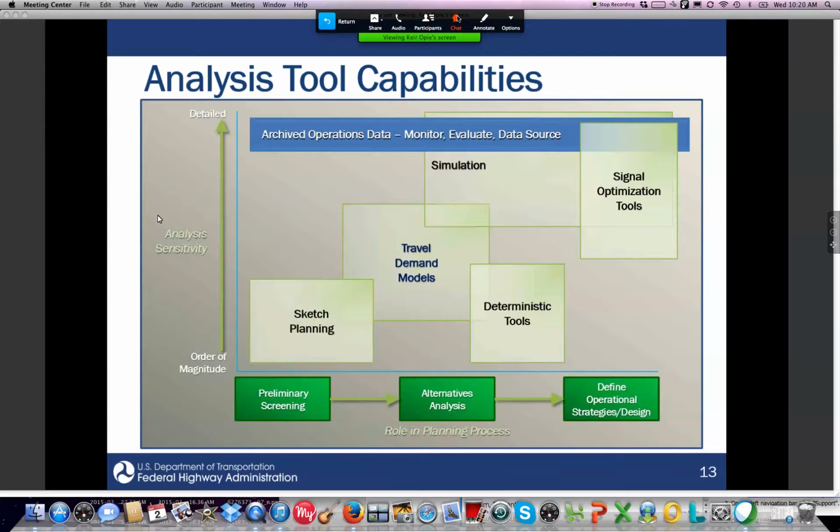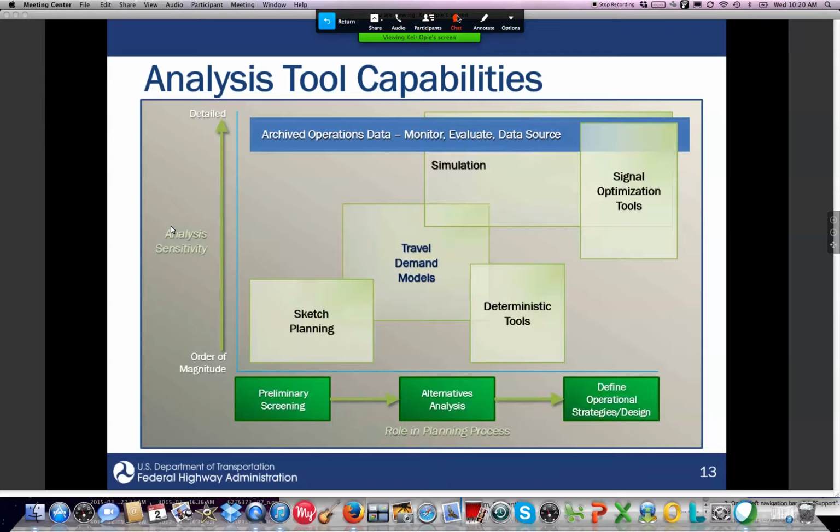Then the x-axis, on the left, we have the preliminary screening, where we're just starting to do feasibility assessments as to what we might want to implement, and then driving forward to the right side of the graph, where we're starting to look at very specific operation strategies or design options that we might want to implement into the system.